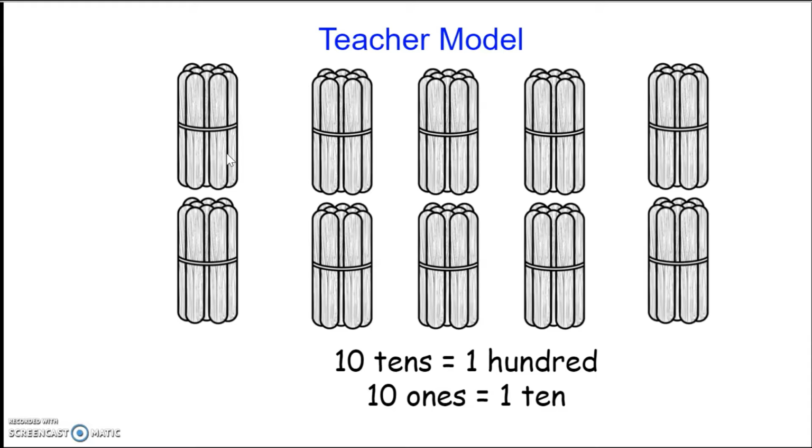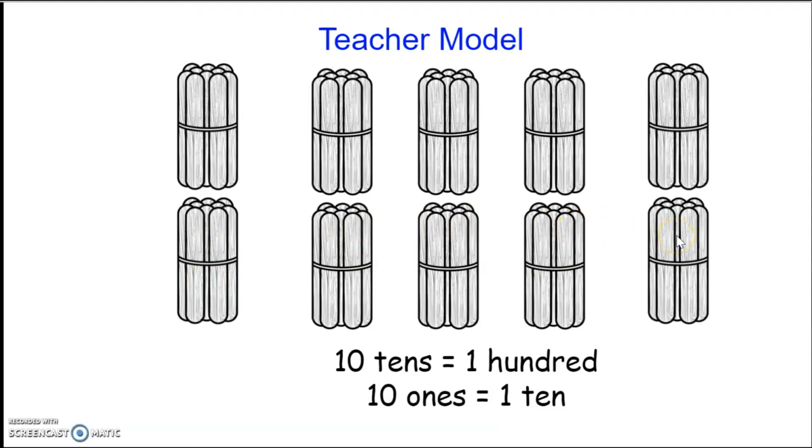Now, we're going to count the number of straws in 10 tens or 100, okay? So let's take a look. Ready? 10, 20, 30, 40, 50, and going down here, 60, 70, 80, 90, 100.